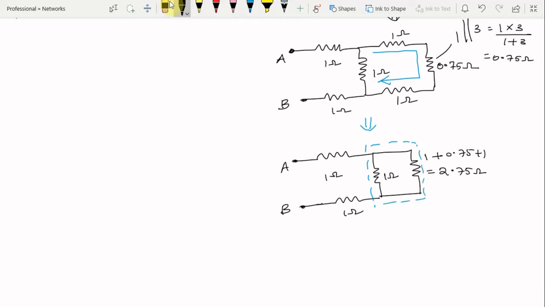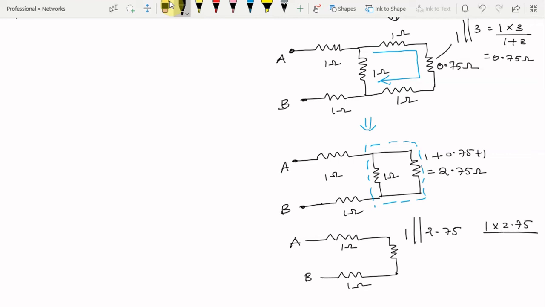So now forming again the equivalent circuit of this, we will get these two as 1 ohm resistance. This is the equivalent resistance combining 1 parallel with 2.75, that is 1 into 2.75 divided by 1 plus 2.75, which is equal to 2.75 by 3.75, which will give you 0.733 ohms.